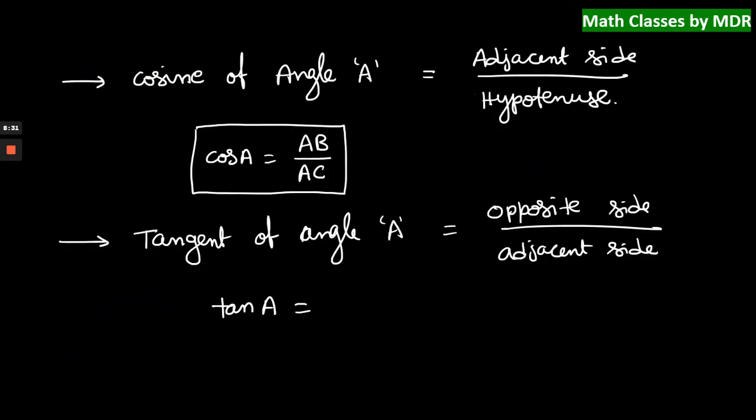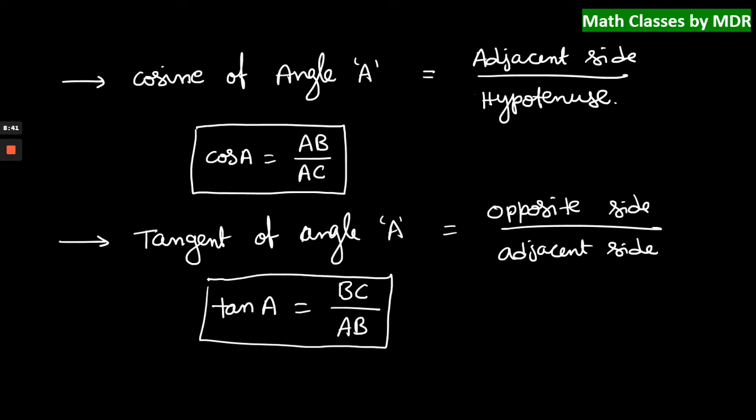BC, and the adjacent side is AB. Therefore, tan A is BC by AB.